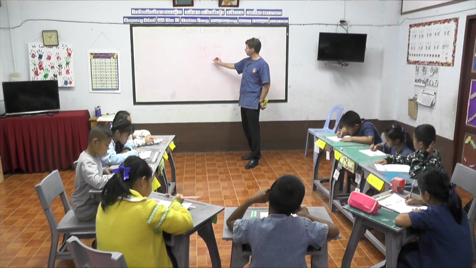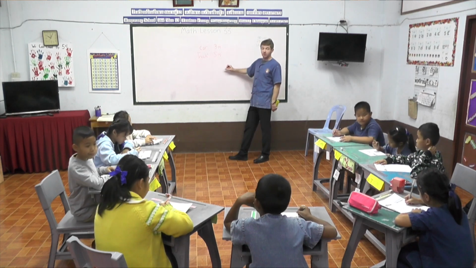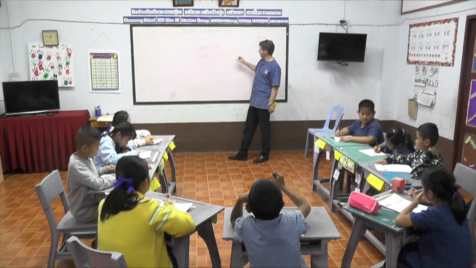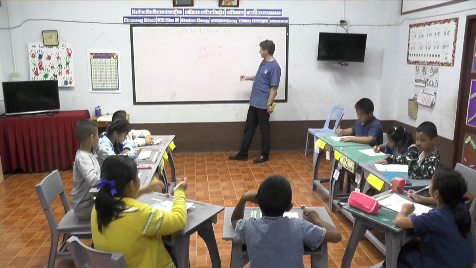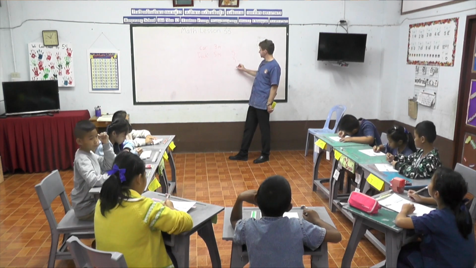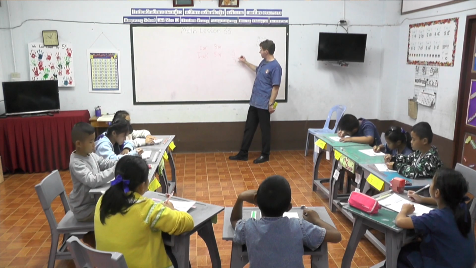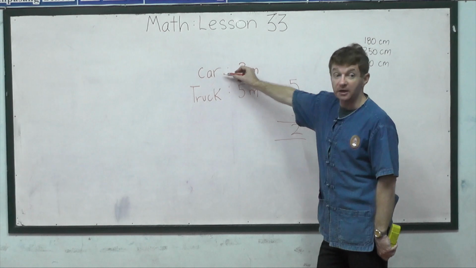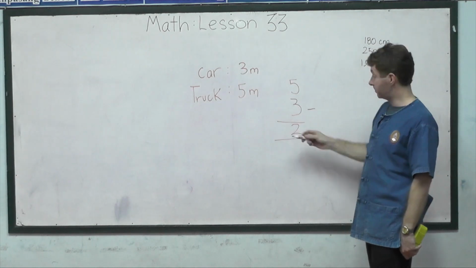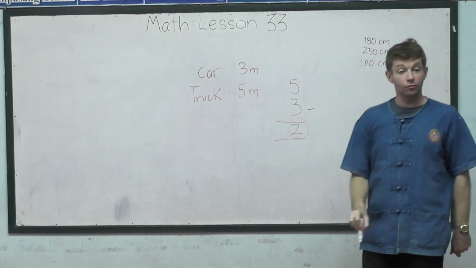What do we need to do? So if the truck is 5 meters long, we need to take the length of the truck and the length of the car we take away, we minus. So 5 minus 3, 2. So the car is shorter than the truck by 2 meters.